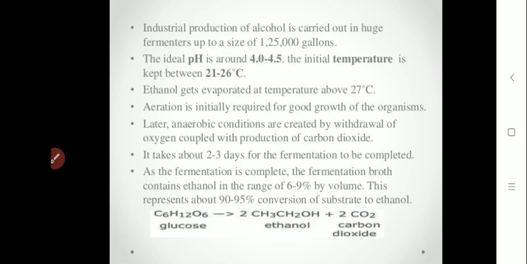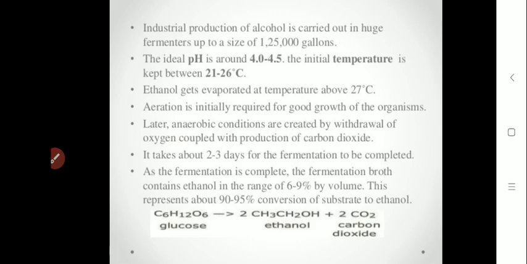As fermentation is completed, the fermentation broth contains ethanol in the range of 6 to 9% by volume. It represents that about 90 to 95% of substrate has been converted into ethanol.